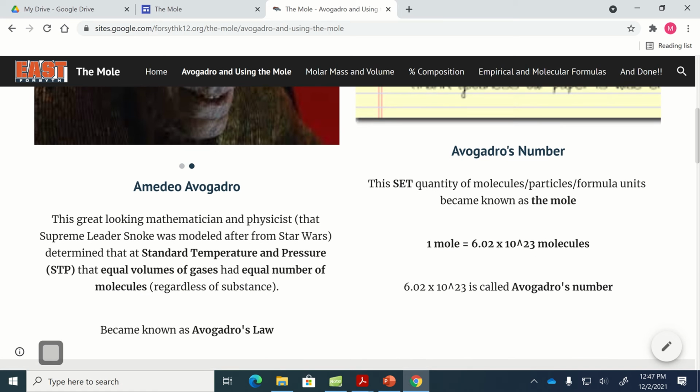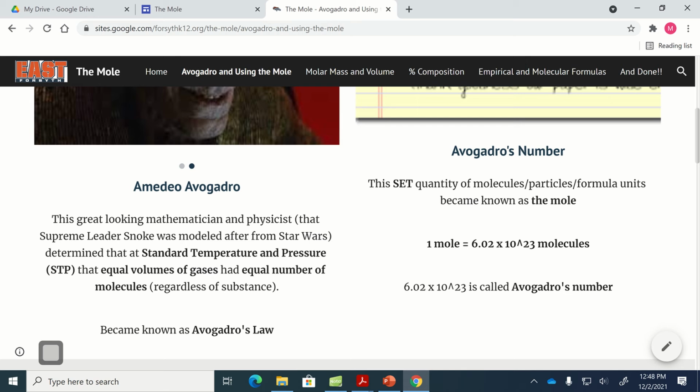But what he determined, he was actually a mathematician and physicist, was that at what's called the standard temperature and pressure, and we'll see what that is in just a moment, which is shortened to STP, equal volumes of gases had equal number of molecules, regardless of what it was.